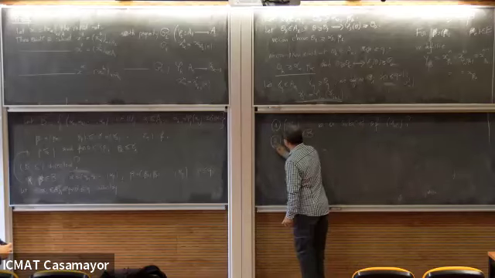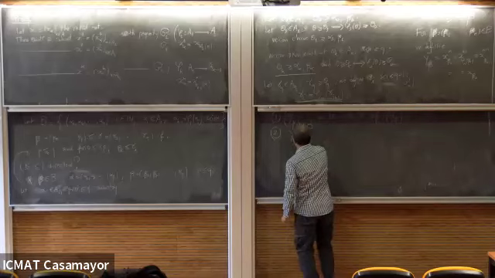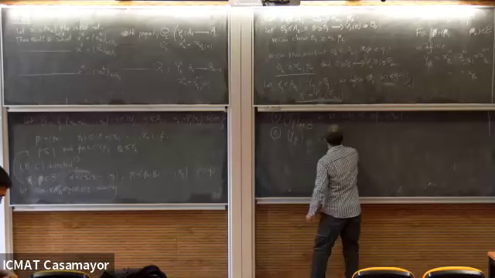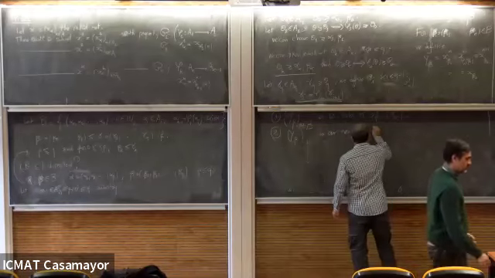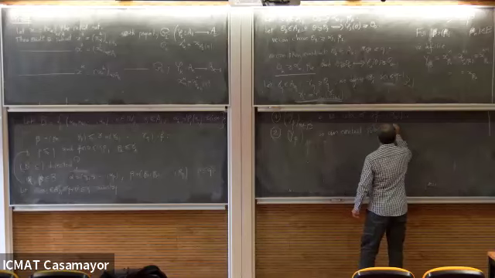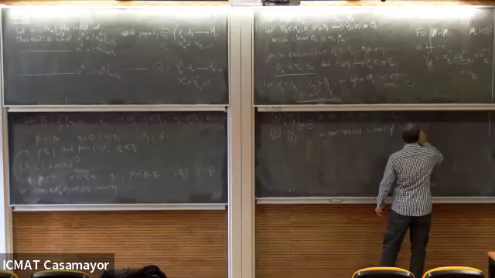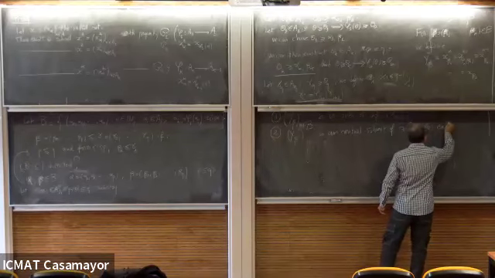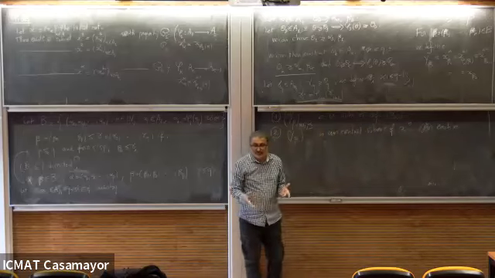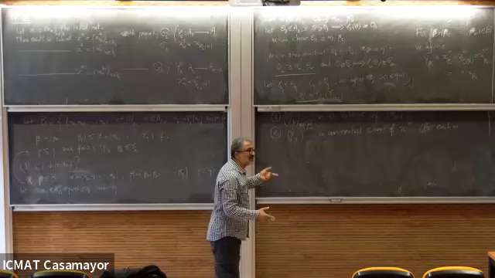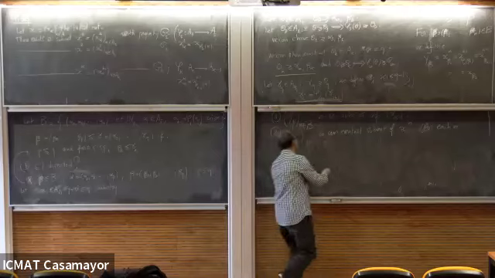And the second thing, I have to prove that y beta is an eventual subnet of x_n for each n. So this allows to prove that this net satisfies property Pn for every n.